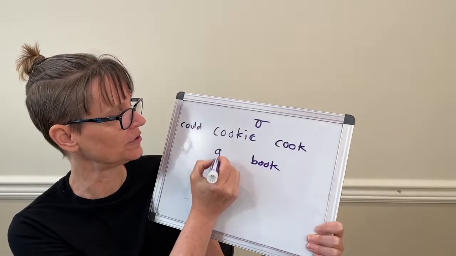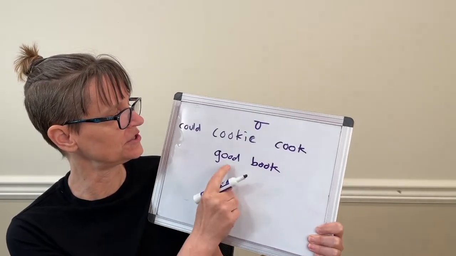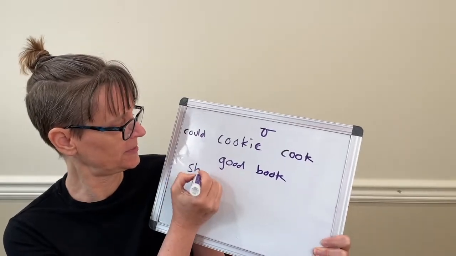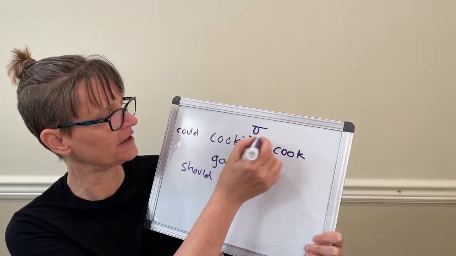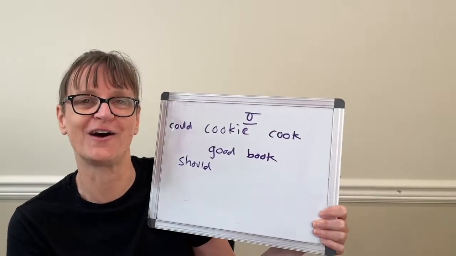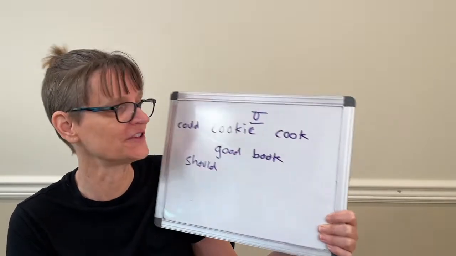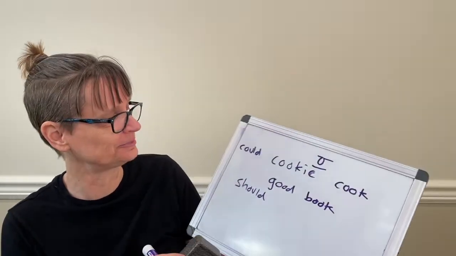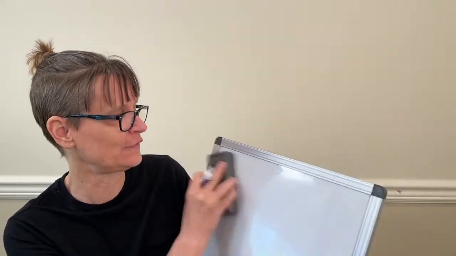Or the word good. It's a good book. She's a good cook. Or the word should. Sometimes having another word that doesn't have o can help you when it comes to pronouncing that sound. But you're correct. Cookie and cook have the vowel. Thank you for that question.